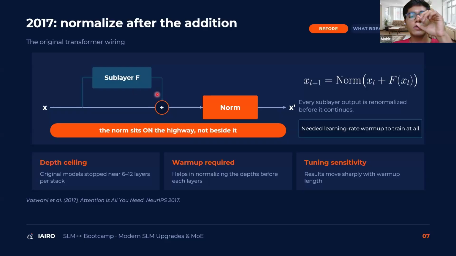But it was not an efficient way. Why? Because we cannot keep on taking the differentiation of the same value again and again, because we have seen that there are many normalization layers across the transformer architecture.